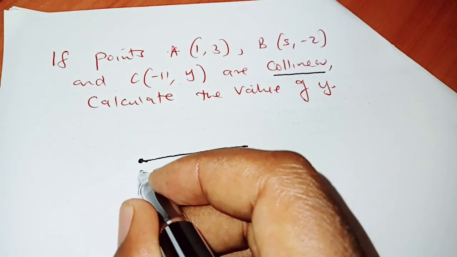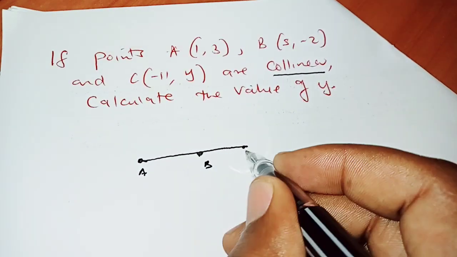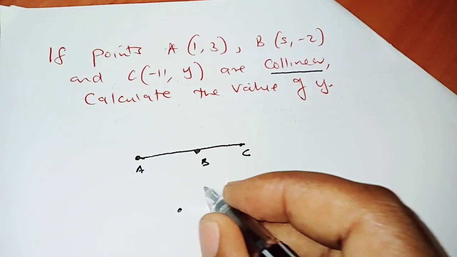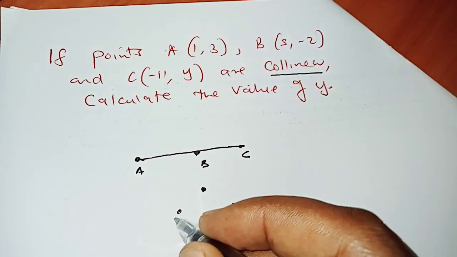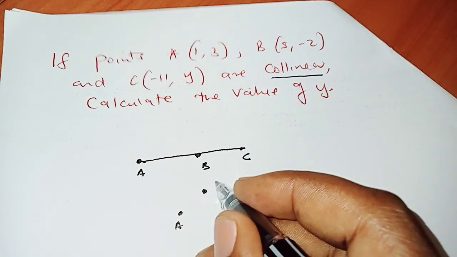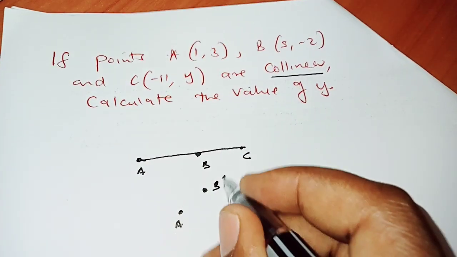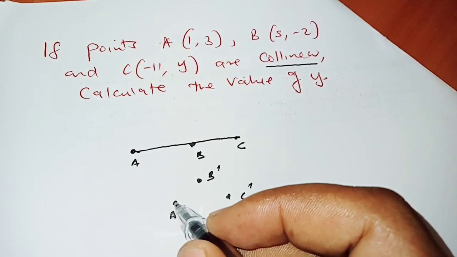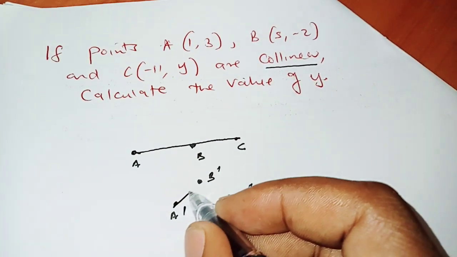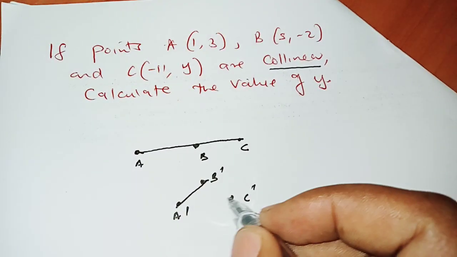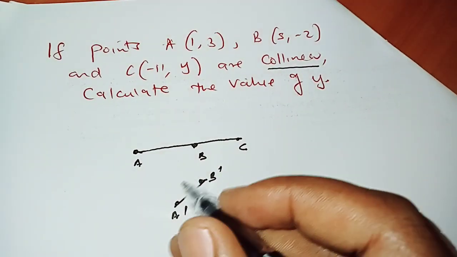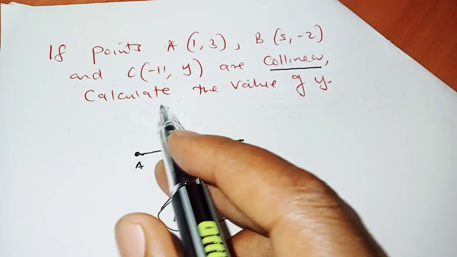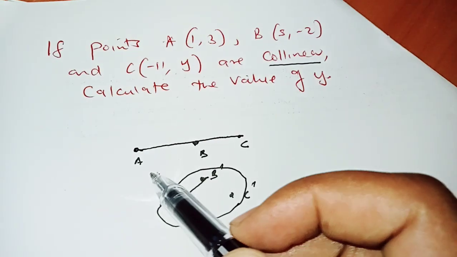So this is A, B, and C. But if you have a case like you have a point here, another one here, another one here, these 3 points, A', B', and C' here, these ones are not collinear because no matter how much you try, there's no way you can draw a line such that it passes through all those 3 points. So these ones are not collinear. Okay, these ones are collinear.